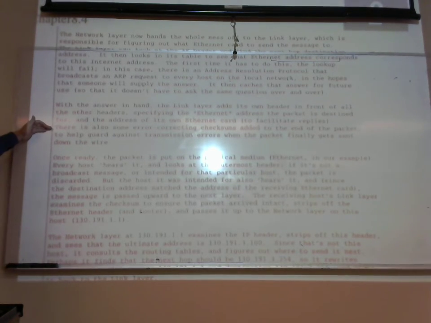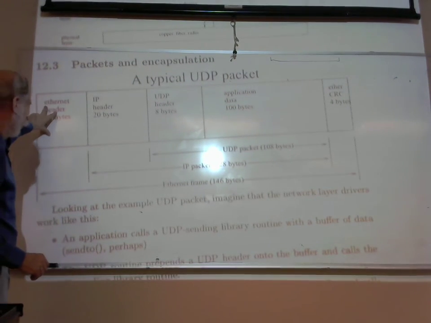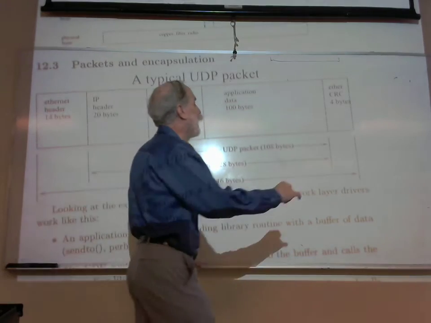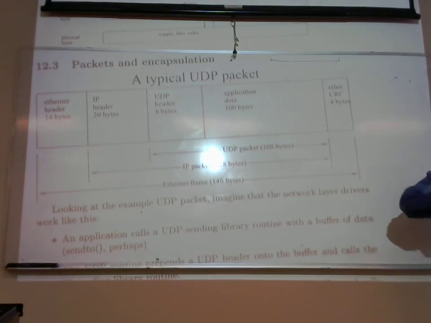Right, and we also add a little something on the very end of this thing to give us a checksum. So that was also in this picture too. When we put in that Ethernet header, we do put some stuff in the front, and we've got 32 bits of error correcting code down here. So even if it gets slightly garbled, this guy can figure out where the mistakes were and flip those particular bits.